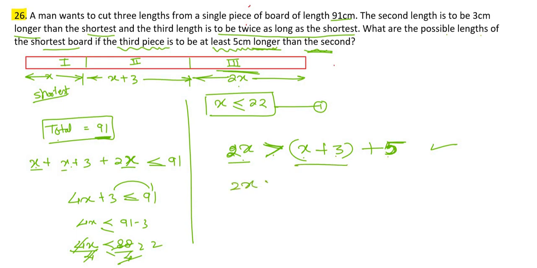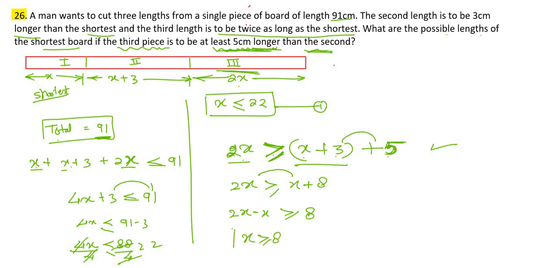Correct? So 2x is at least, they are saying, 5 centimeters longer. So it will be more than or equal to. The equal sign will also be there. It is x plus 5 plus 3, which is 8. x will come here. So 2x minus x is at least 8. Correct? So x is at least 8.